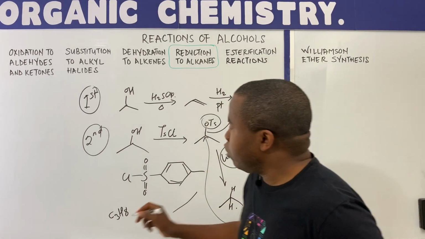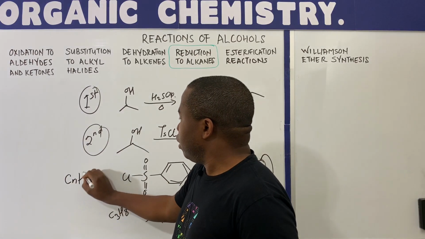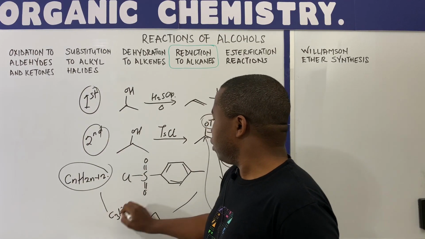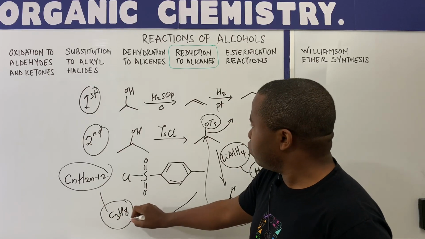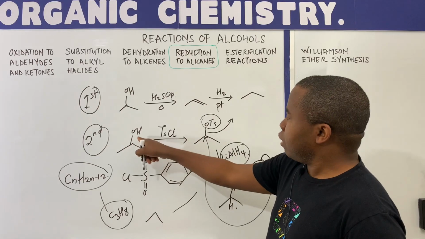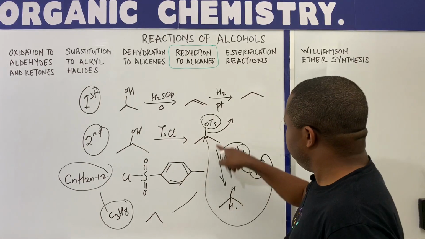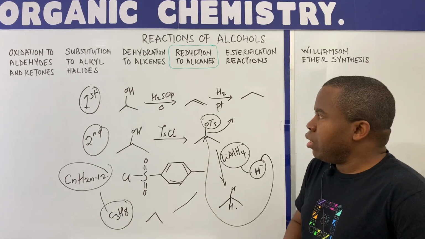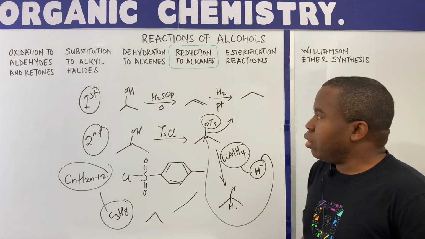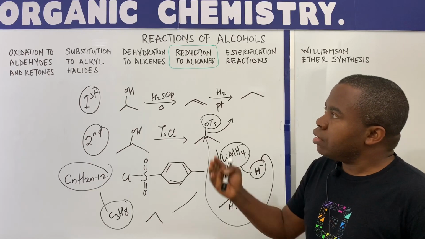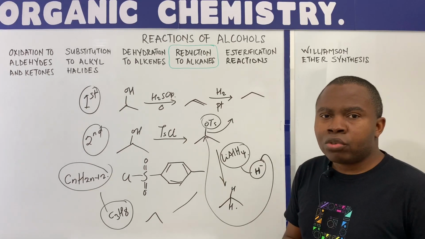You remember the formula for alkane, CnH2n+2. So this is the corresponding alkane that is coming out from this method. We first activated the OH and then reduced it to alkane. Those are just two examples of reactions that we can use to convert alcohols to alkane.